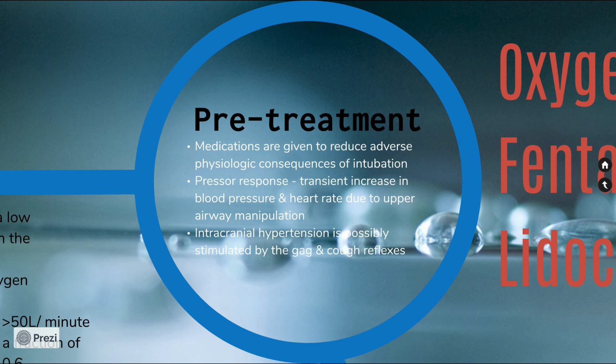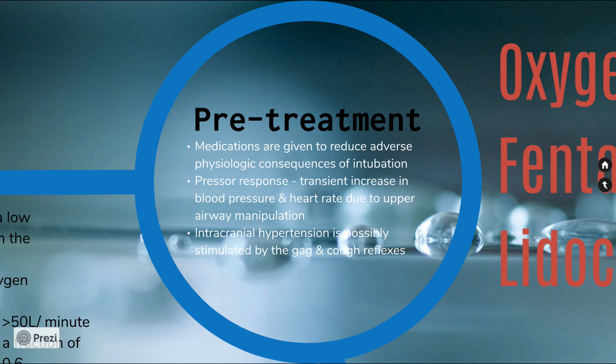So, the first step in intubation is pre-treatment. What is the purpose of pre-treatment? The purpose of pre-treatment is to anticipate the effects of the drugs that you will be giving and the effects of the manipulation, the maneuvers that you will do. There are two main physiologic events that can happen in intubation.